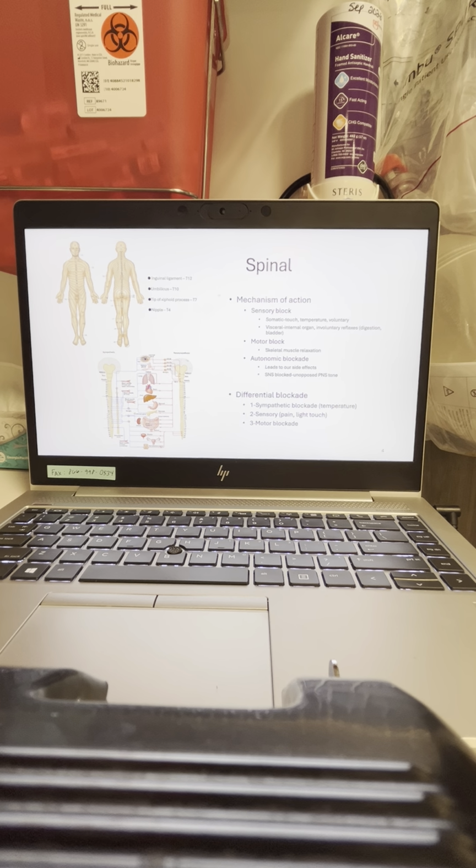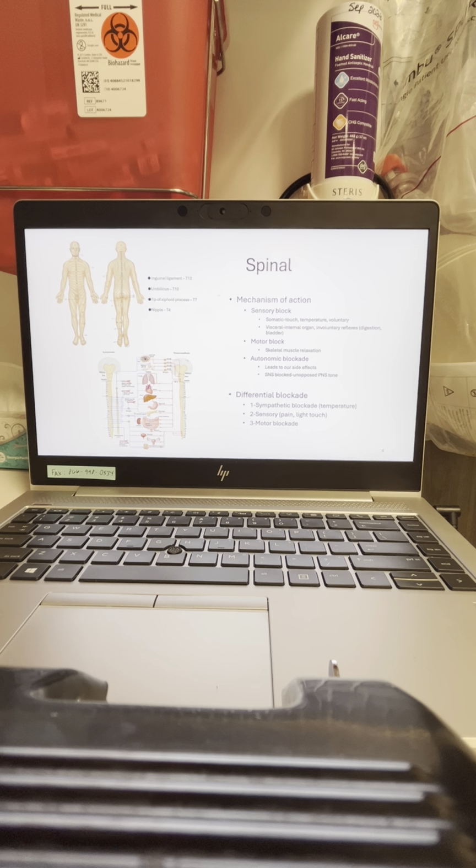So all local anesthesia does this. Obviously, it's an extreme effect for spinal since we're at the nerve root and in this CSF space. But we get a sensory block, a motor block, and an autonomic block. I'll talk about all three of them, but starting with sensory, there's two types of sensory, so I just like to touch base on that just because it's fun, I guess.